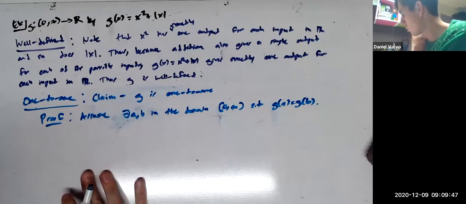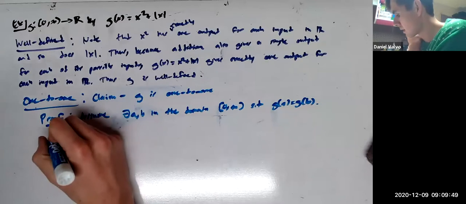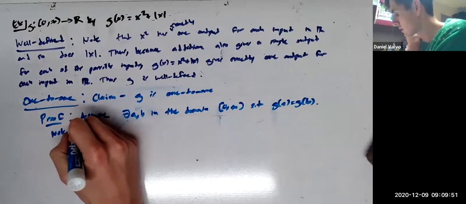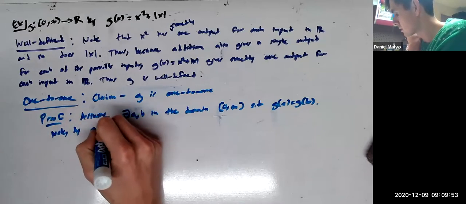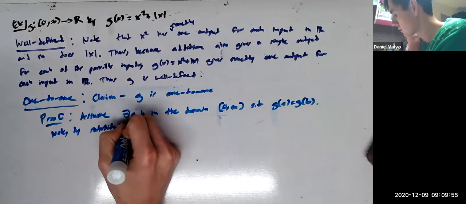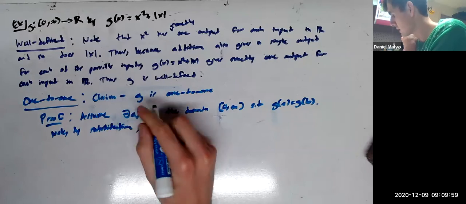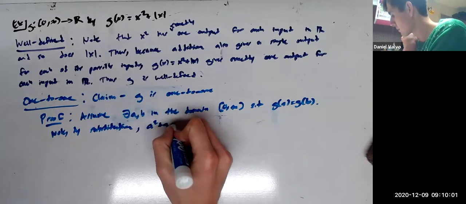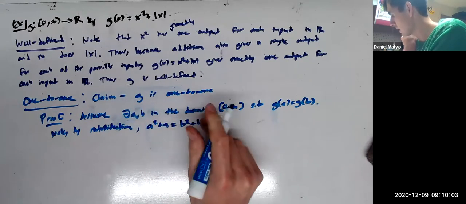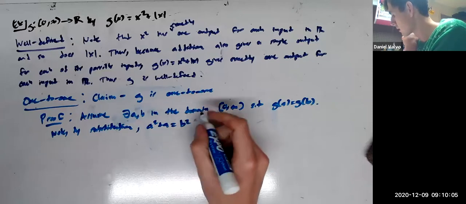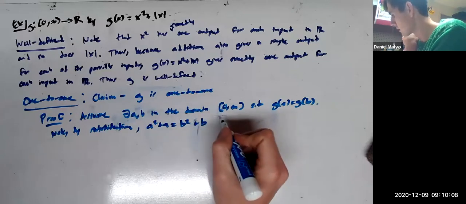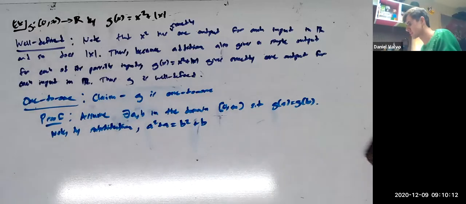All right, then what happens here? Note by substitution, from the definition of g, this means that a squared plus a is going to equal b squared plus b.